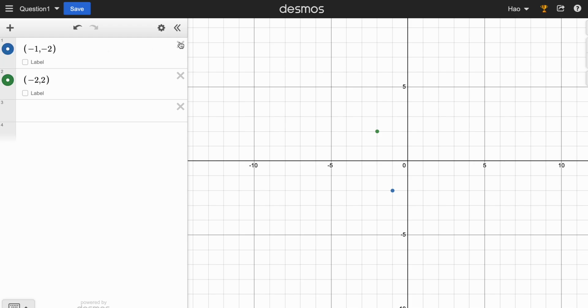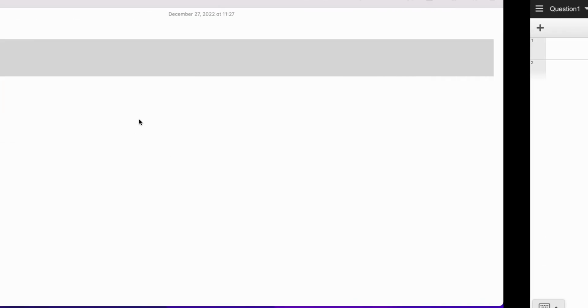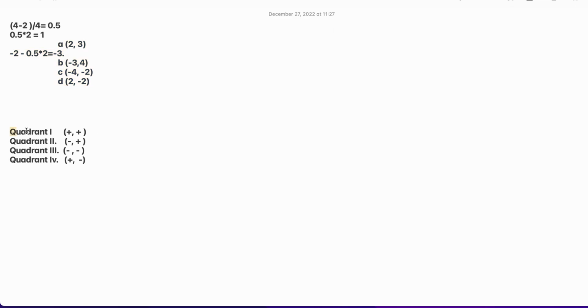But what we need is this. These 4 are how we can work it out without a coordinate graph. For example, we have the first point.